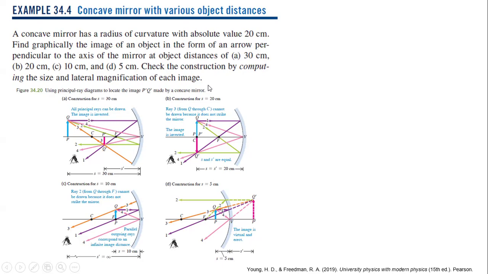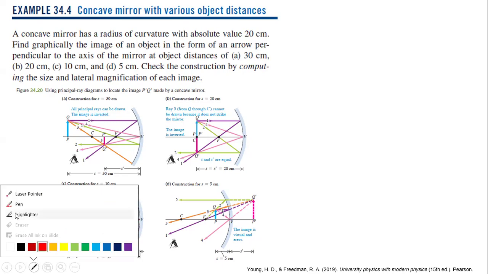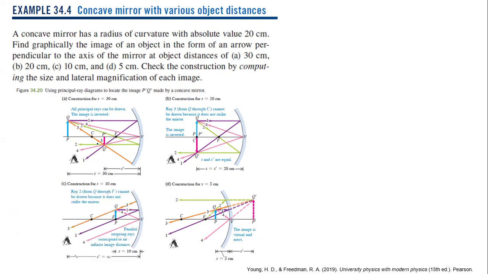So let's start. We're not actually going to draw the graphical, but since we have this one in your book, we're going to use this one. Okay. So first, the mirror has a radius of curvature with absolute value 20 centimeter. So meaning if you have a mirror here, we have here the vertex.